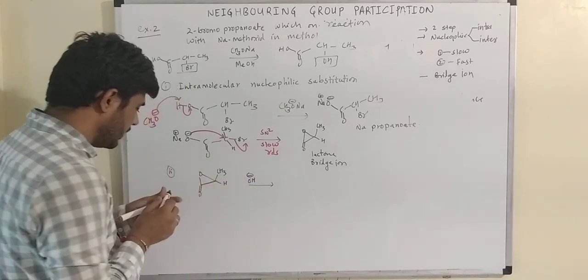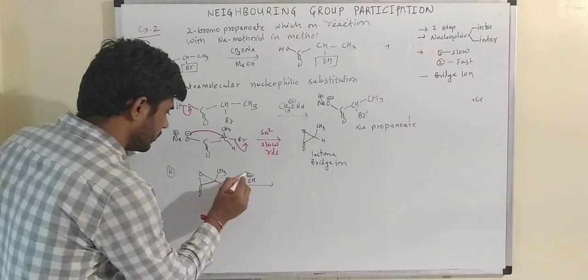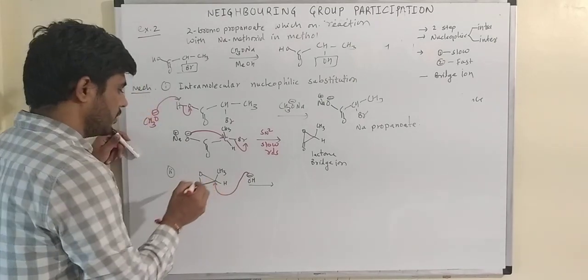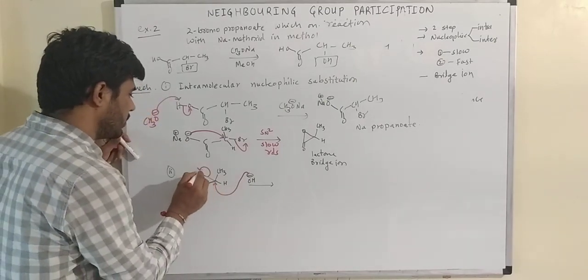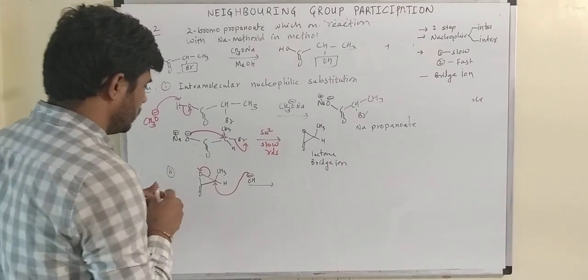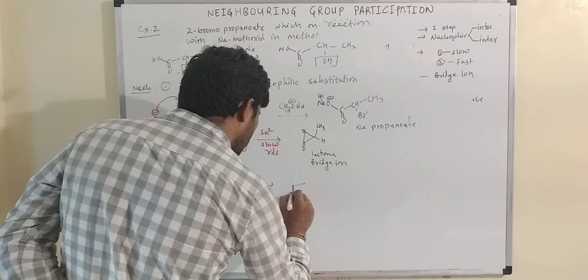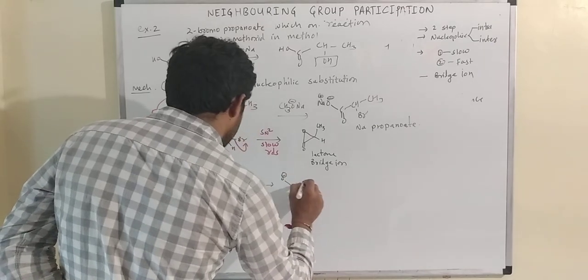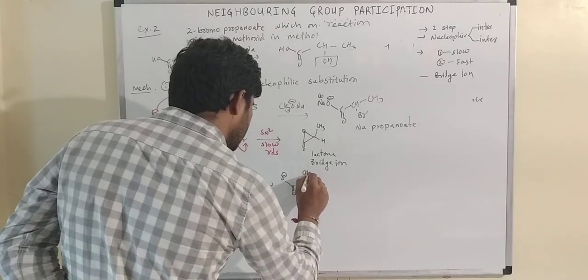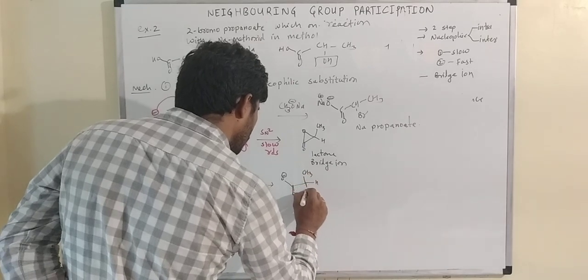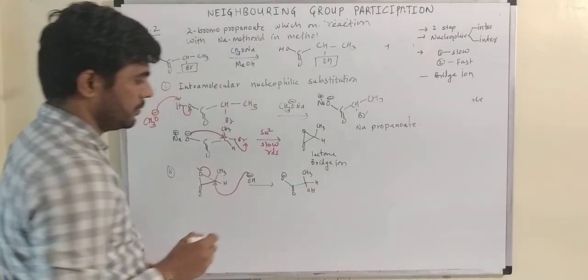It easily attacks at this reaction center and that oxygen reverts back. So the product is here, double bond O minus, this CH3 is here, this hydrogen is here and this OH is here.